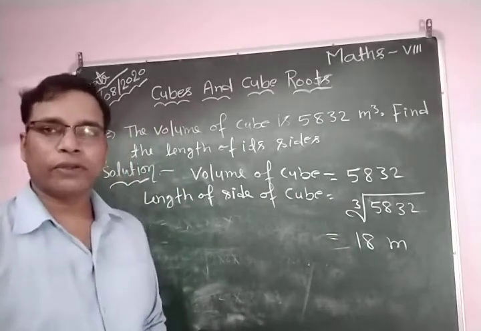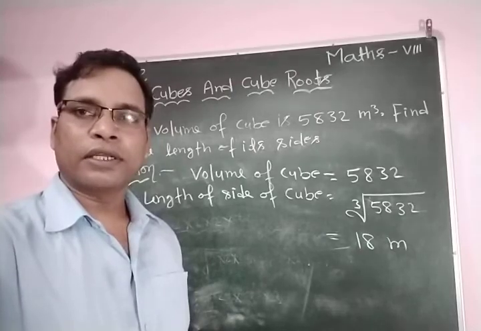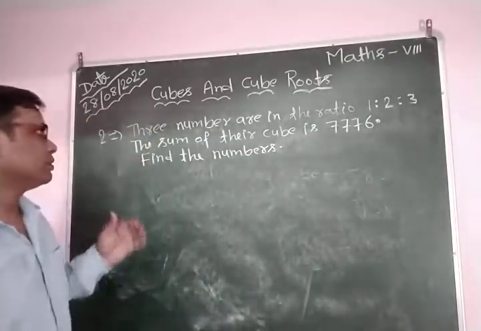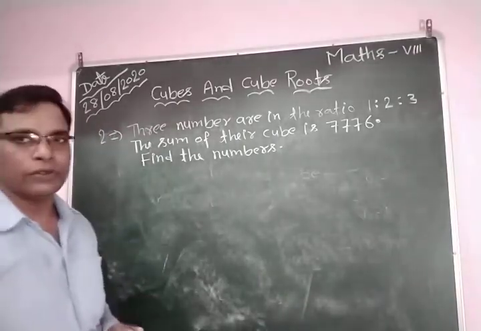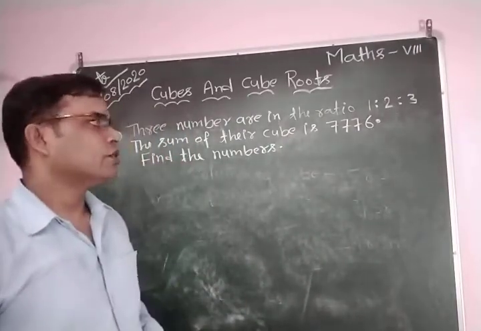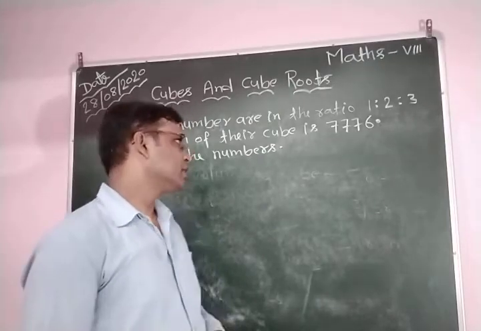Now we are going to discuss the next question. So students, you can see the next question. It is given, three numbers are in the ratio 1:2:3. The sum of their cubes is 7776.